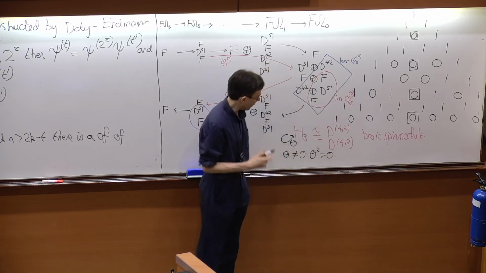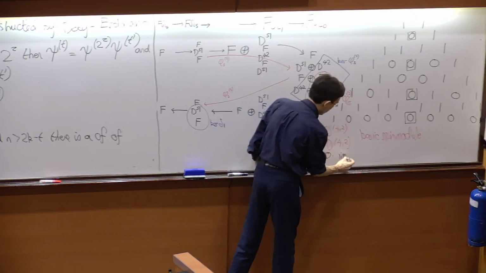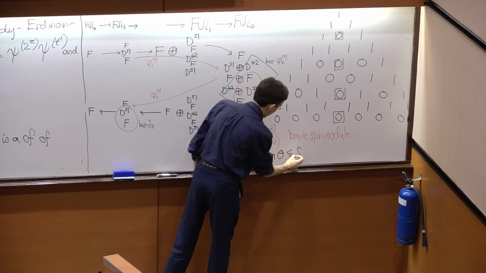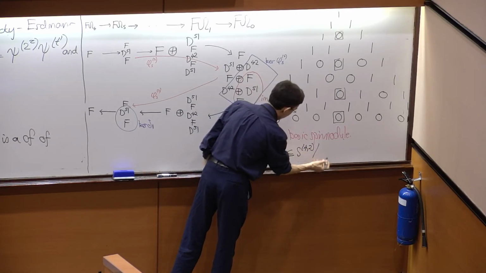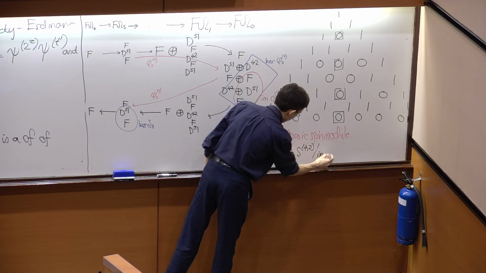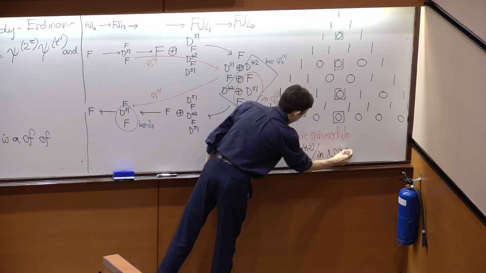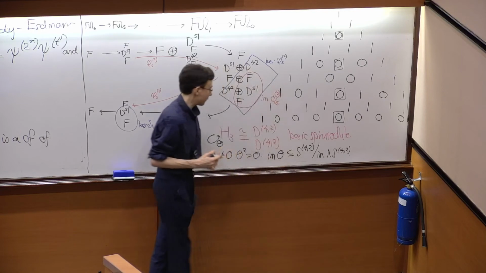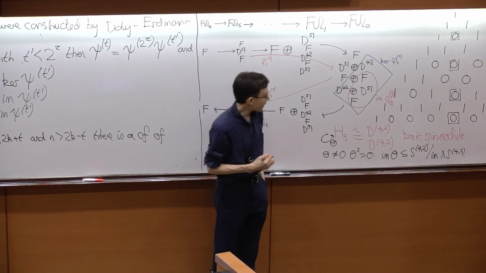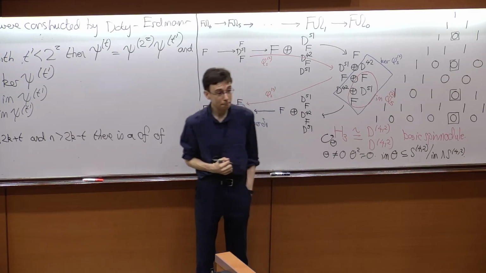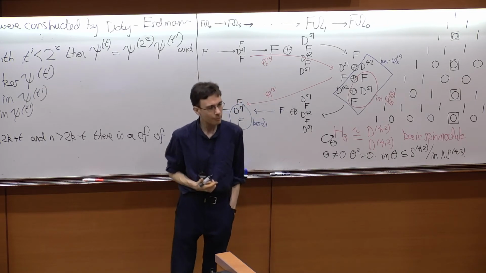In fact, the image of theta would be contained in S42 modulo the image intersection. So by the time you've applied theta, you've got quite a familiar object. So that's why the extension must be non-split. So what was the second part?